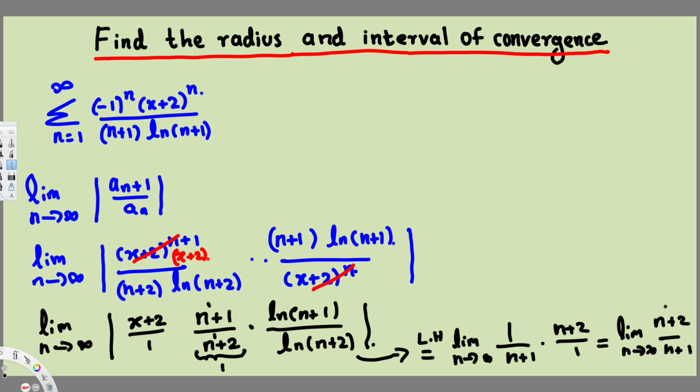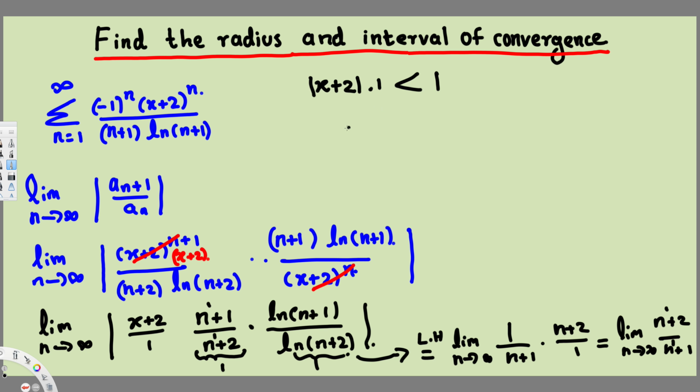Again we have the same powers, so we can take the ratio as our limit, so 1 over 1, that's going to be 1, right? So this is 1, this is 1, and this x plus 2 we can take to the front, so the final conclusion is going to be absolute value of x plus 2 times 1 is less than 1, right?